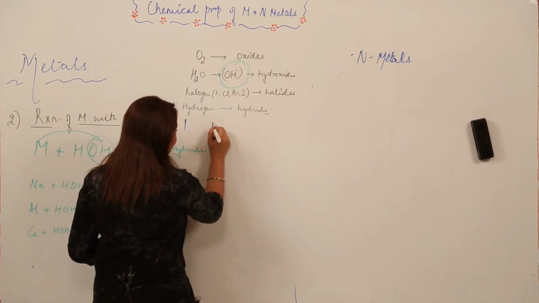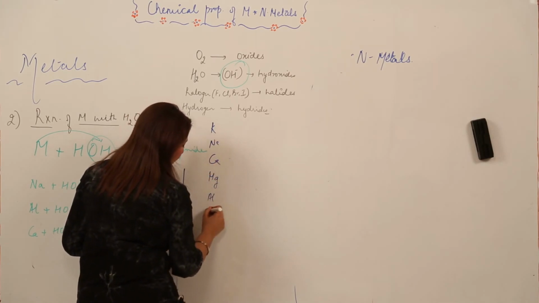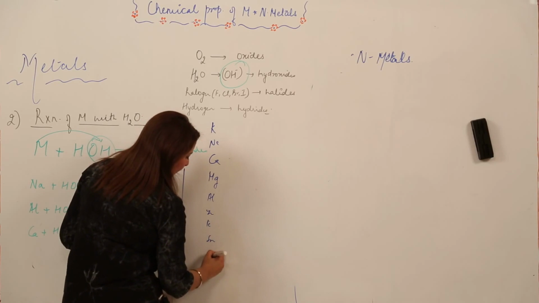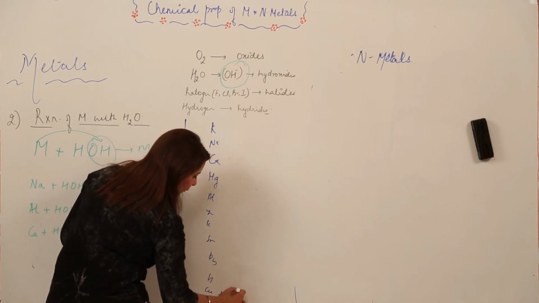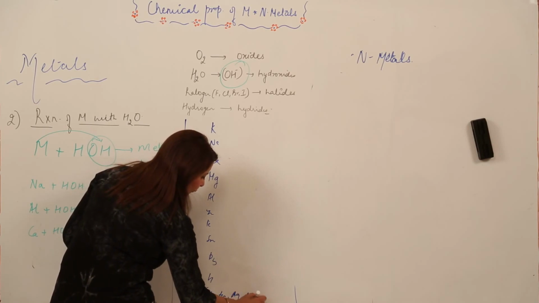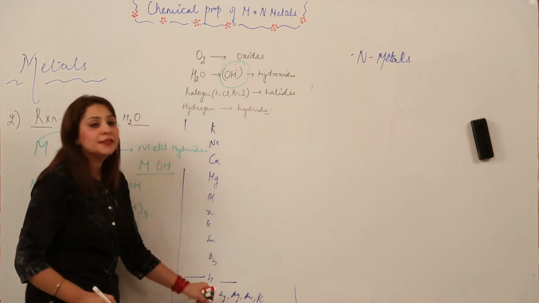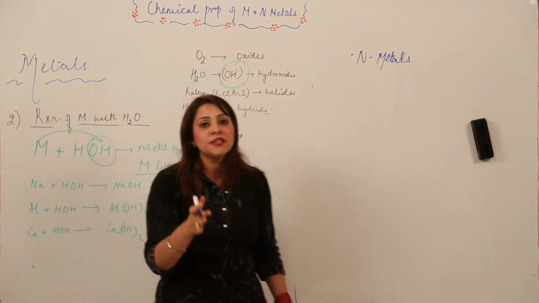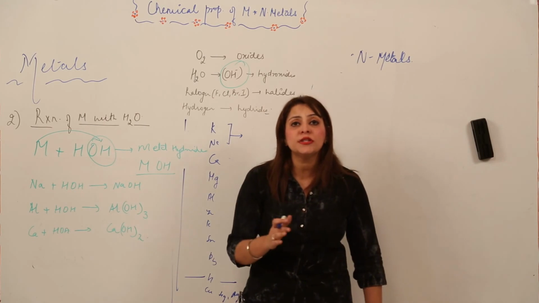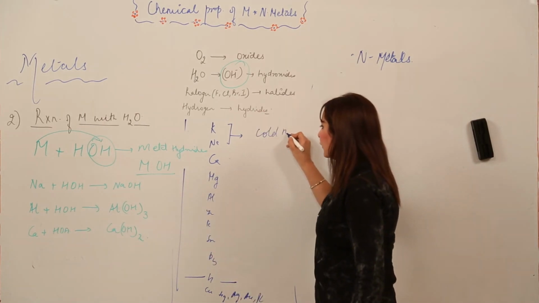As you are familiar with the reactivity series, this is hydrogen, these are reactive metals, these are less reactive metals. Their oxides are not stable, but their hydroxides are so stable, so they react even with cold water.